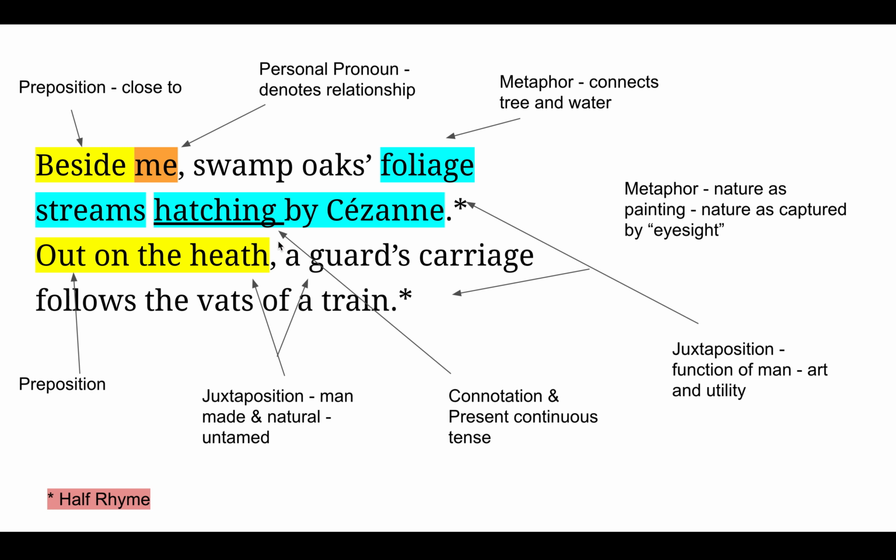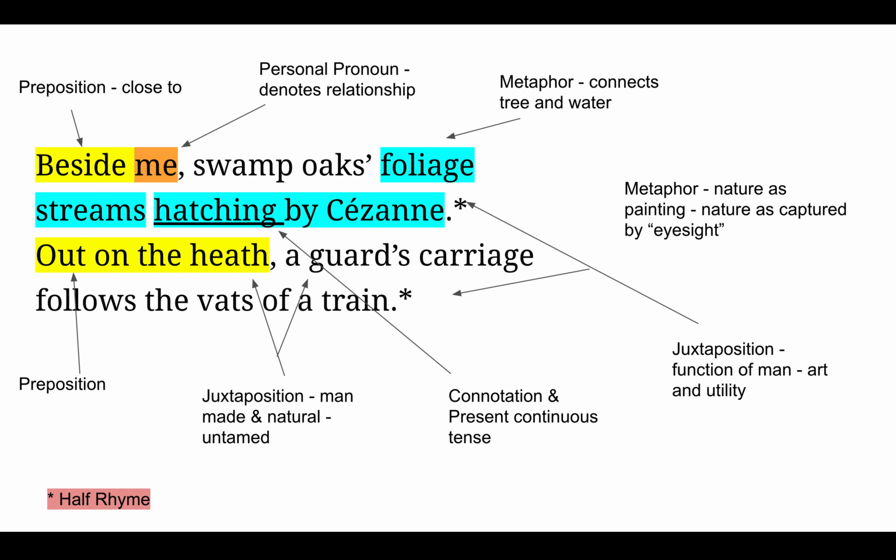This last point here, I've highlighted that hatching, and I've underlined it here, is again one of those words like ranges which has ambiguous kind of tone or impression or meaning. Hatching, one being the technique by which Cezanne painted, but also that idea of hatching of an egg, of birth, and that brings up interesting ideas when you're thinking about winter coming before spring and the idea of cycles.